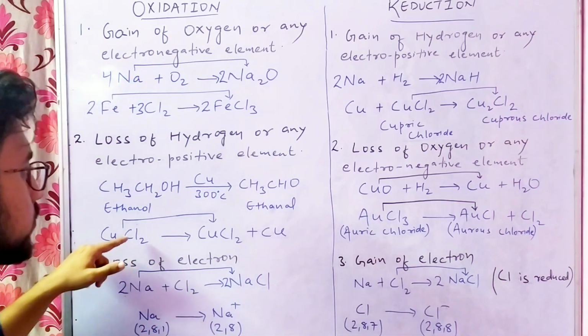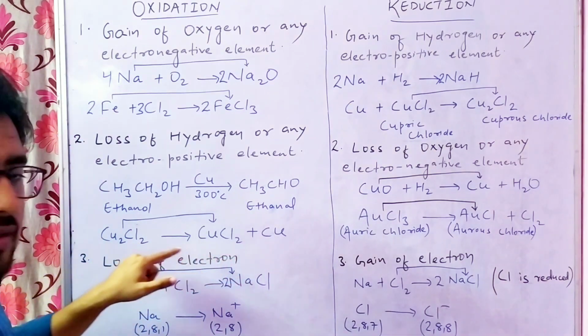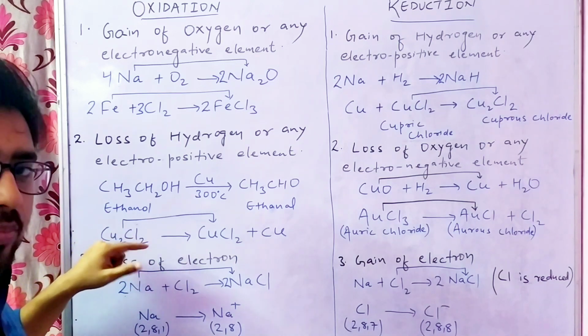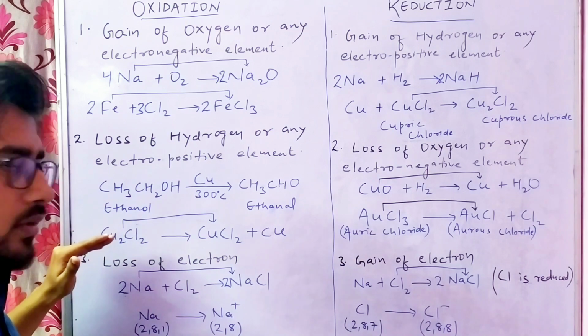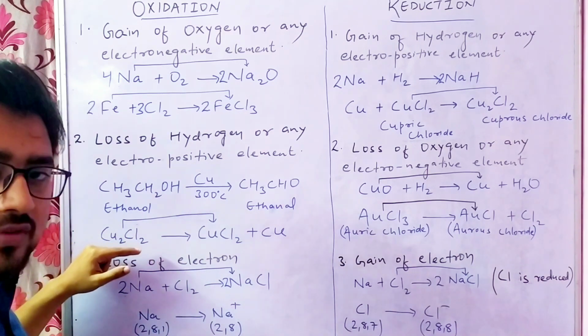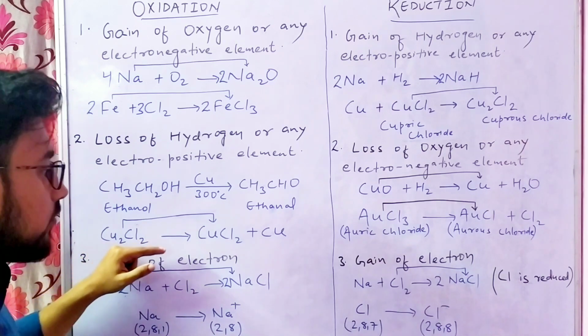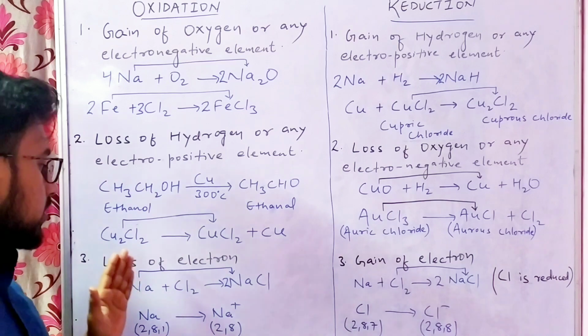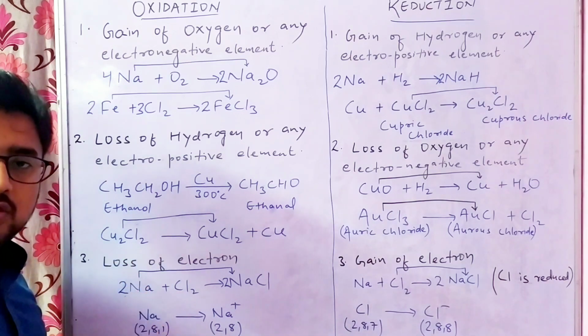So there is loss of an electropositive element, and therefore you can say that it is being oxidized. Why? Because there is loss of copper. Clear? Okay.